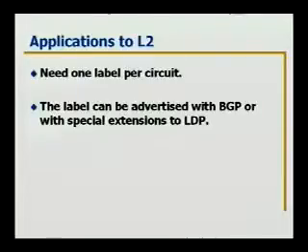The second is the Martini drafts, which use extensions to LDP in order to achieve the same thing. The LDP protocol is extended, and rather than just advertising labels for IP addresses, it advertises labels for connections. The Martini drafts are now called the PWE drafts. It's the PWE3 working group in the IETF.